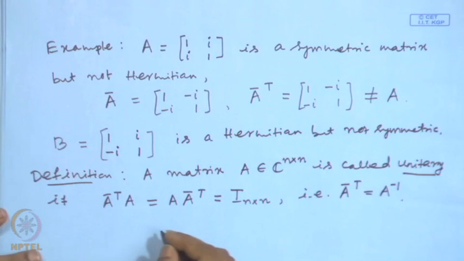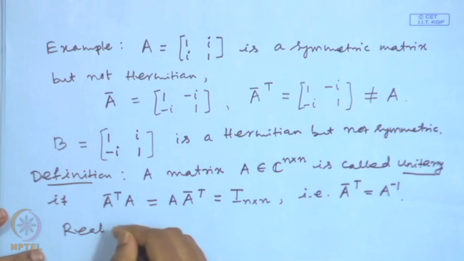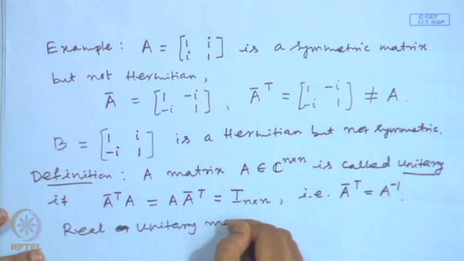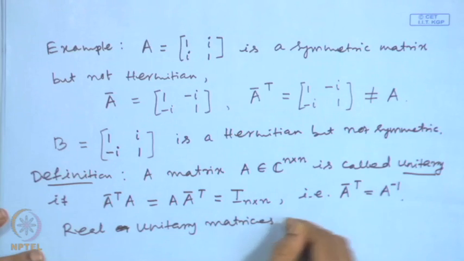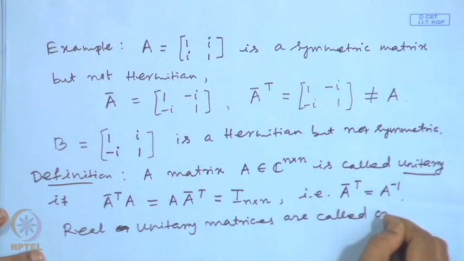Further, real unitary matrices are called orthogonal matrices.